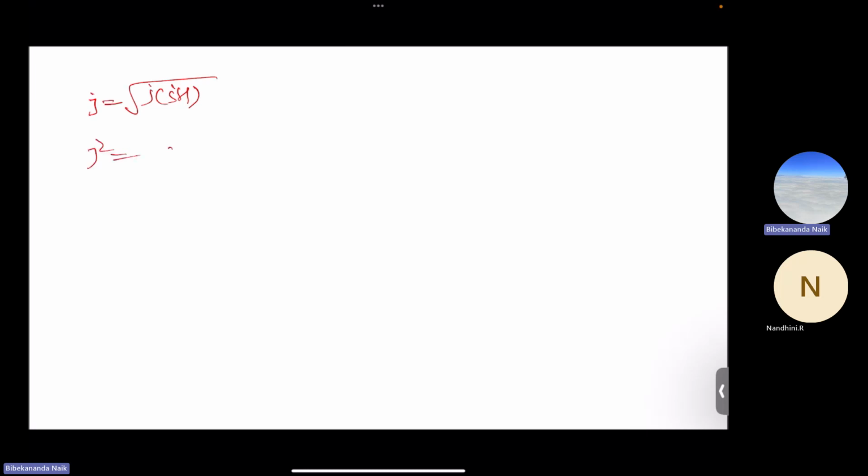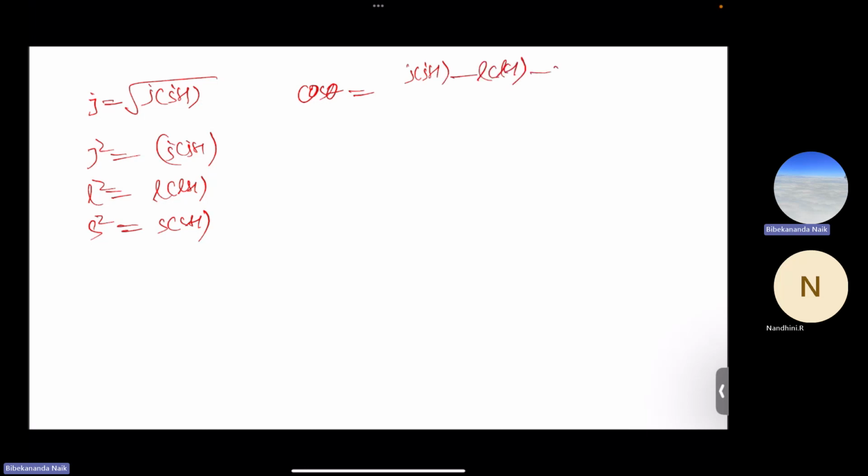So J square is J into J plus 1, L square is L into L plus 1, S square is S into S plus 1. So the expression for the angle is J into J plus 1 minus L into L plus 1 minus S into S plus 1 divided by 2 root over L into L plus 1 root over S into S plus 1.